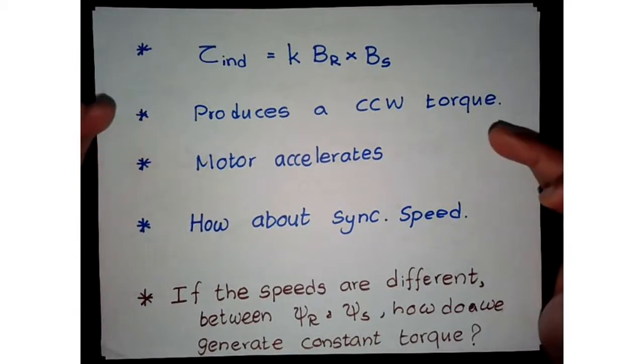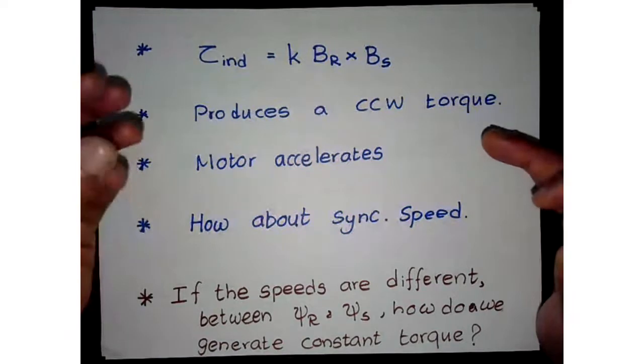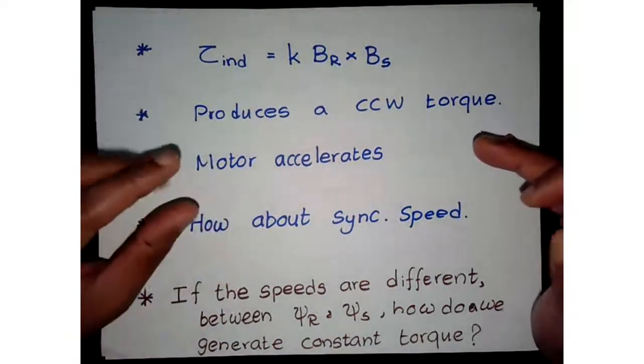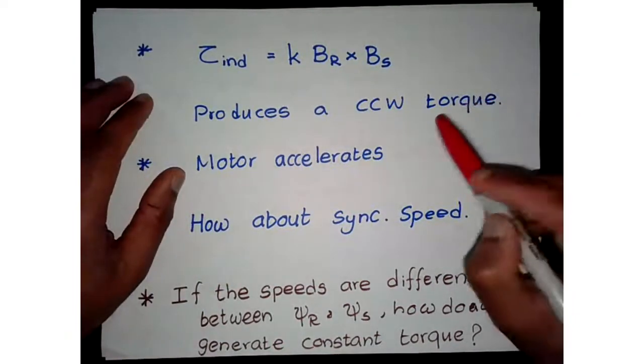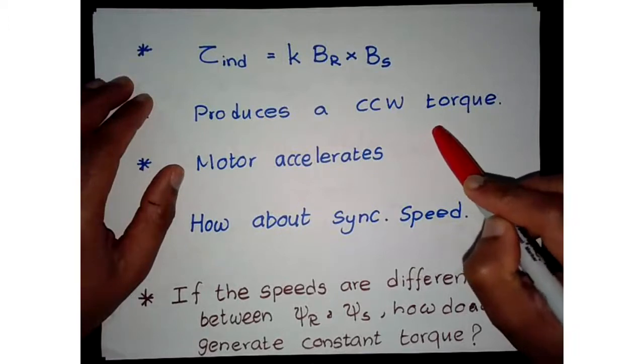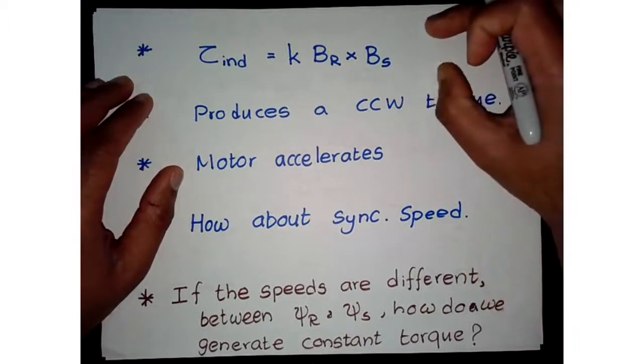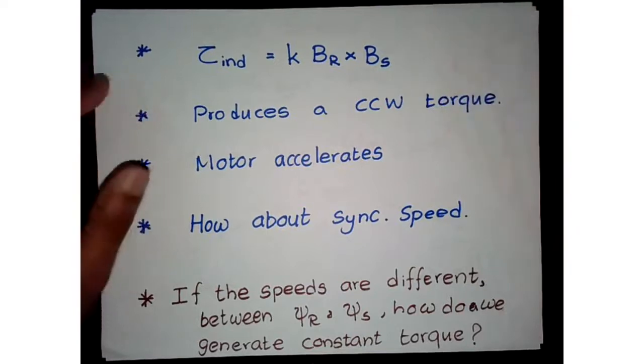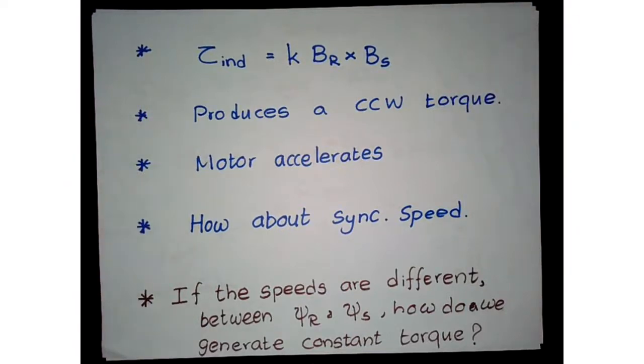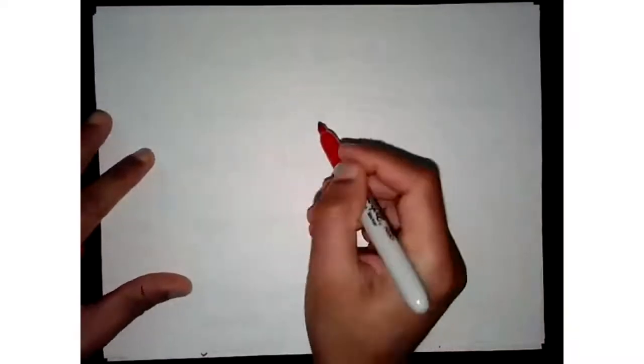Okay, so the rotor magnetic field will be rotating at the speed that is the difference between the rotor and the stator. Okay, so let me try to explain that. I know in terms of operation, once you understand this, this is going to be very helpful.